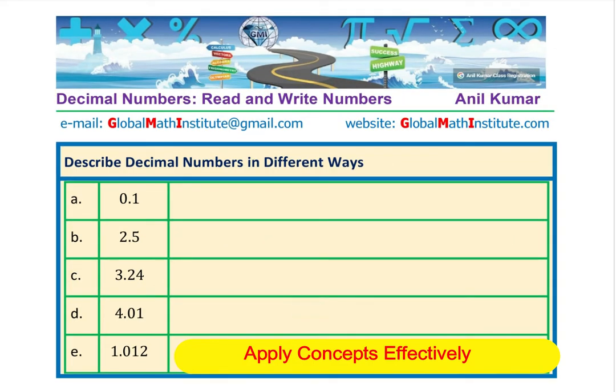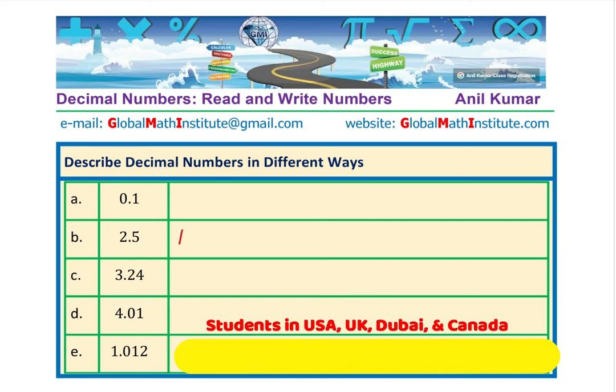So 2.5 in standard way will be read as 2 and 5 tenths.